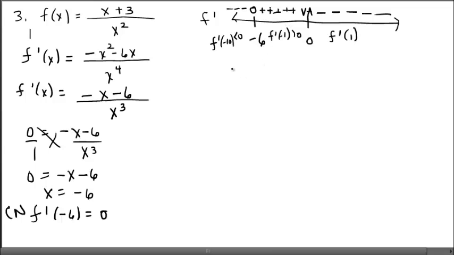Okay, so let's take this information here and report what we're supposed to be reporting. So the function f is increasing on the x intervals negative 6 to 0 because the f prime values are positive.